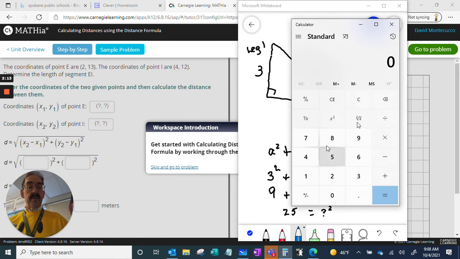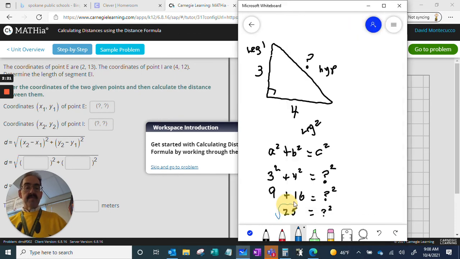Okay? And when you look here, you'll see it. Squared, square root. So if we go 25 square root, we get 5. The square root of anything squared is itself. So that's equal to the question mark. So the length of this side of the triangle is 5. And you'll see that in the practice that we do.